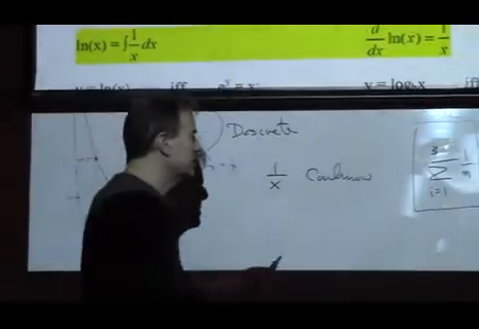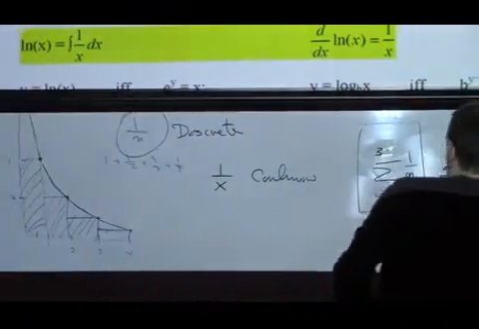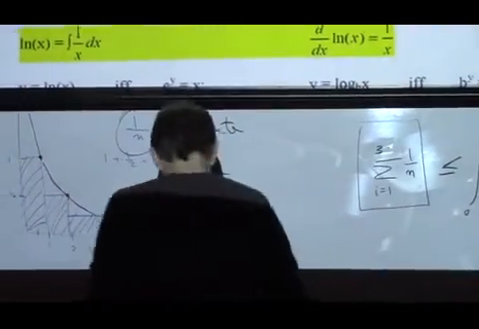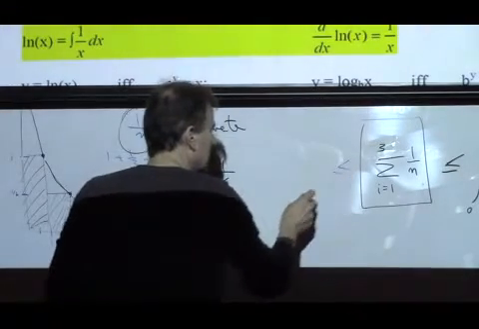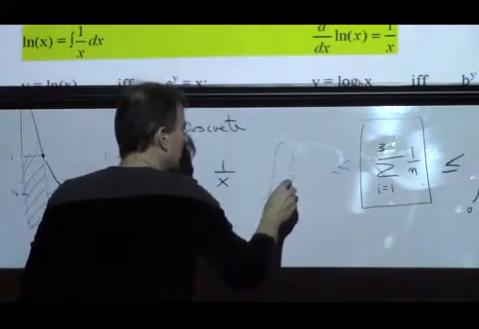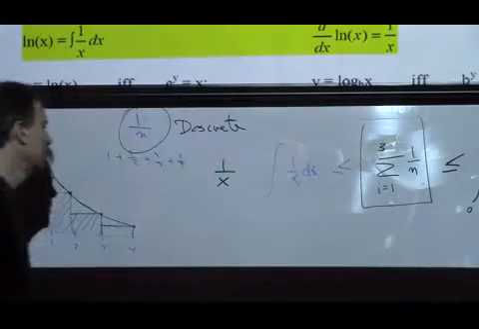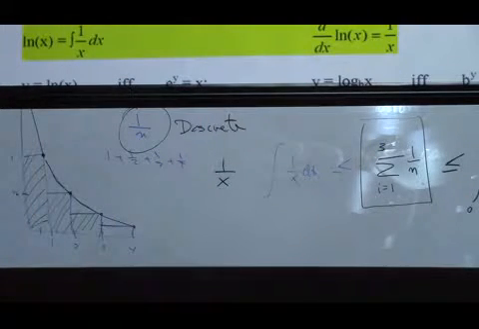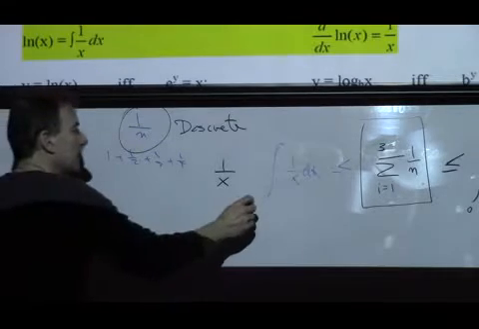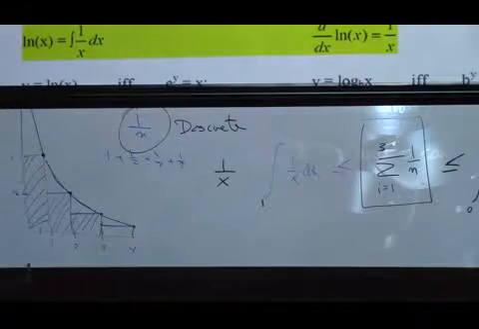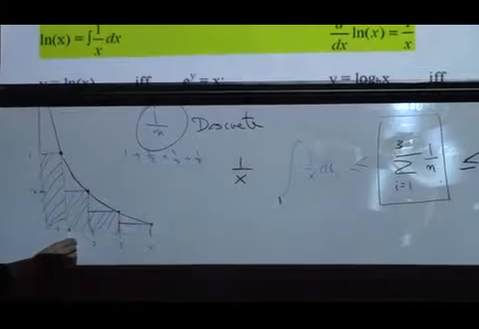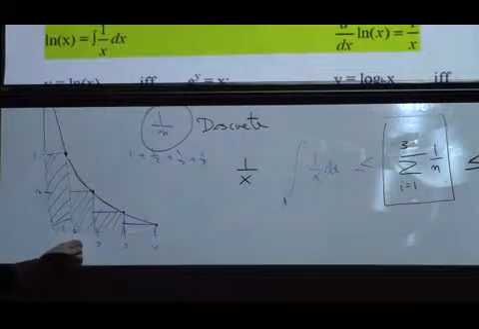So therefore, we could say that our function also has a lower bound, which is the integral of 1 over x dx from what to what? From 1, remember, I can't go from 1 to 1. 1 to 1 is no area, because there's no width.